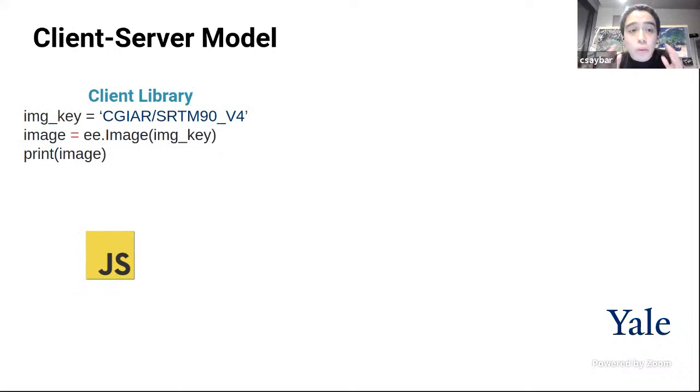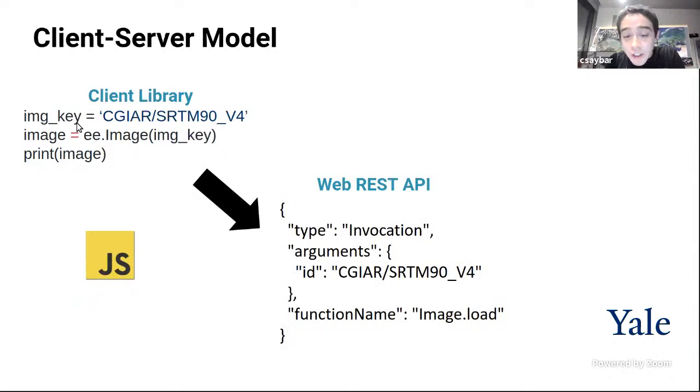If we try to put this concept into the Earth Engine context, the idea is as follows. All of us, as clients, use the client library, and the main function of the client library is to transform, in this case, JavaScript code into a JSON file, a petition like this.